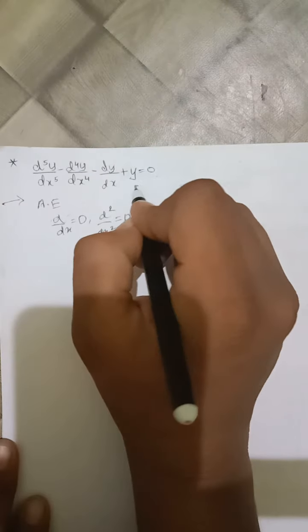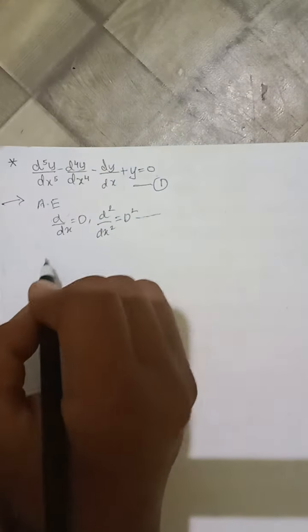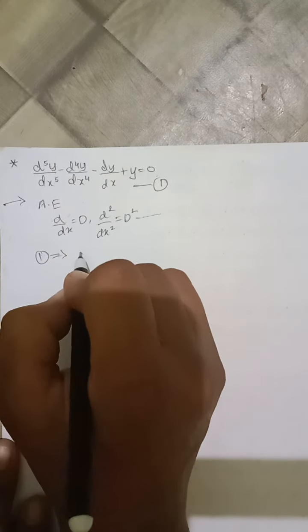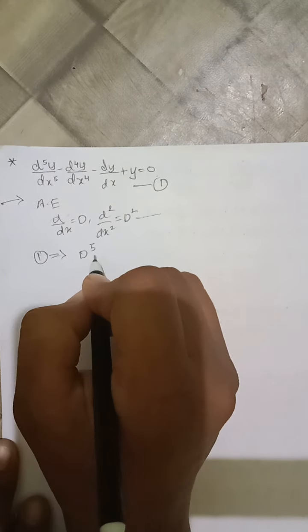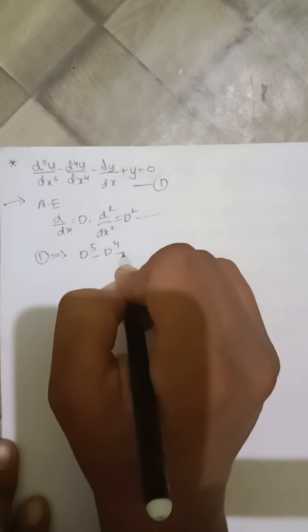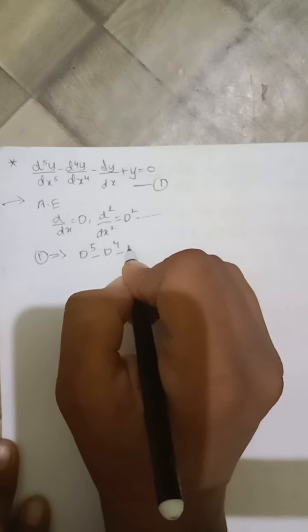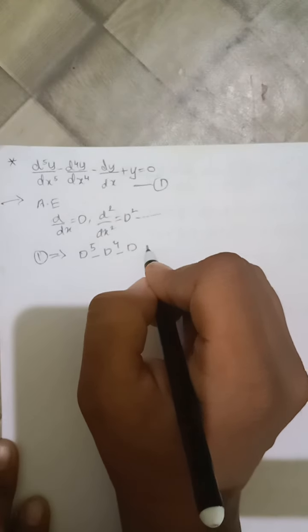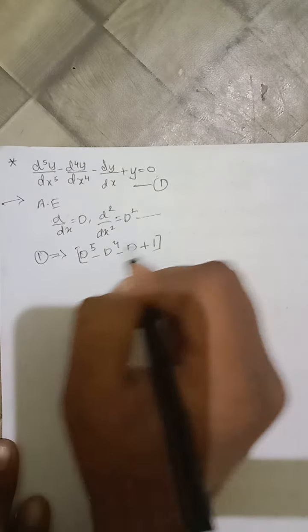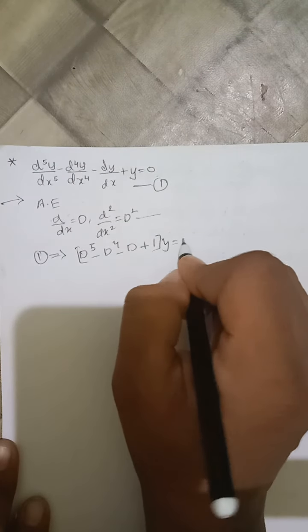Therefore, suppose this is equation 1, it implies D raised to 5 minus D raised to 4 minus D plus 1 into y equals 0.